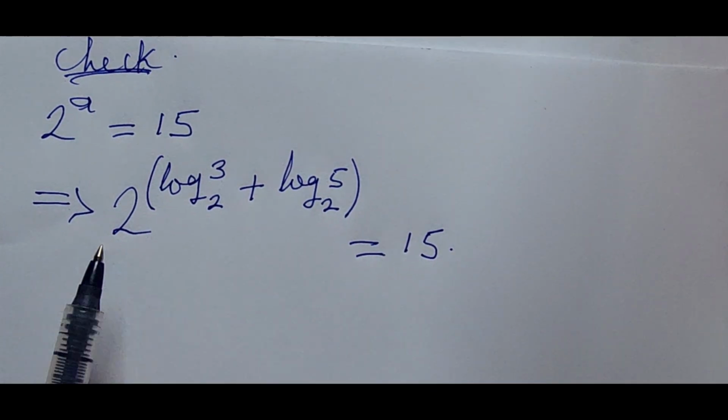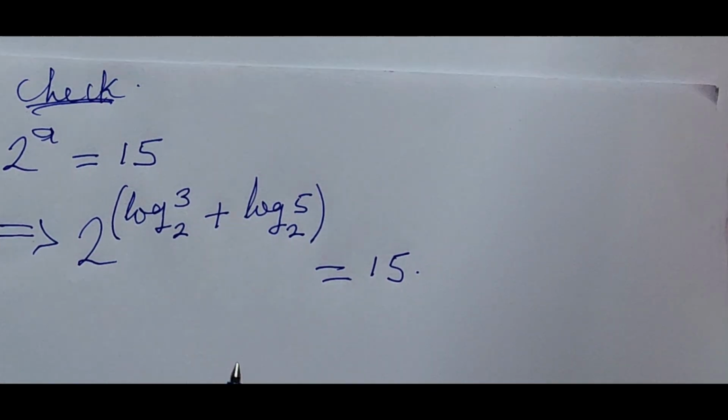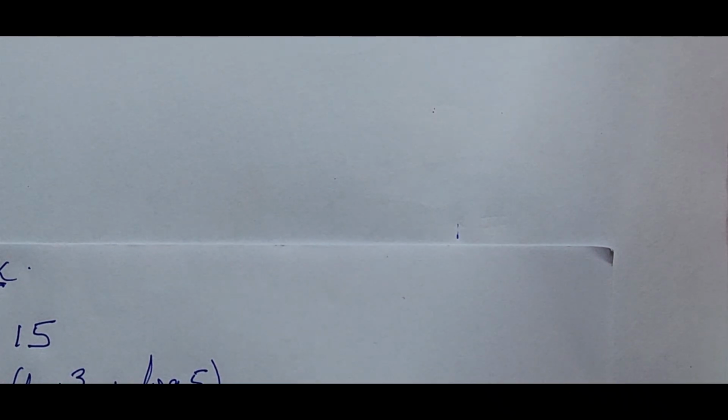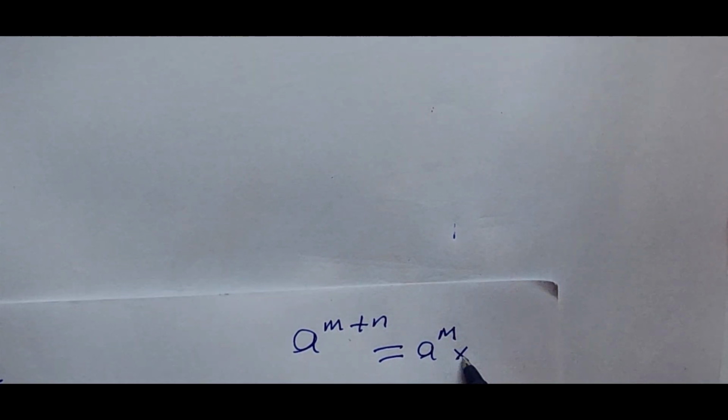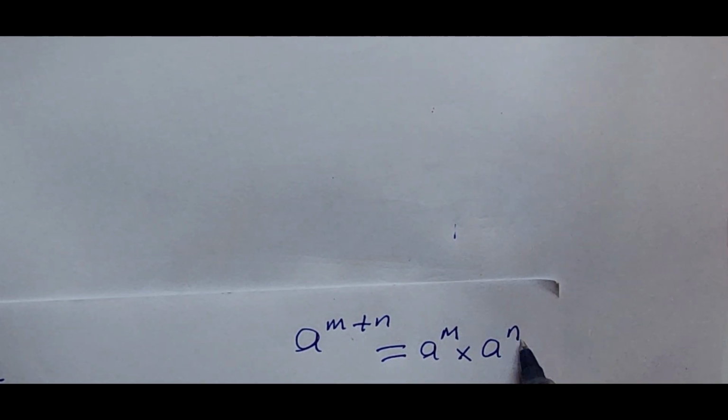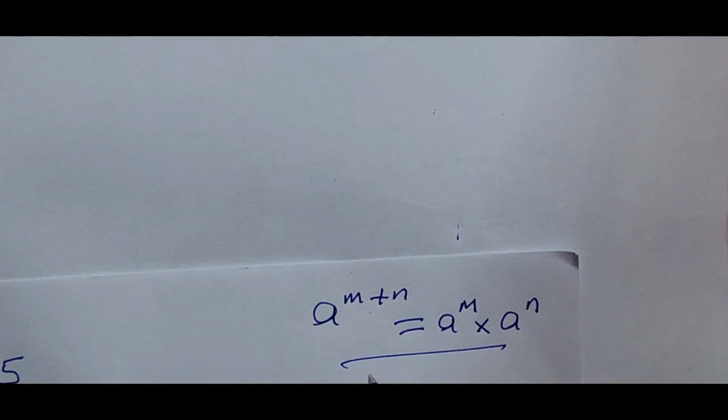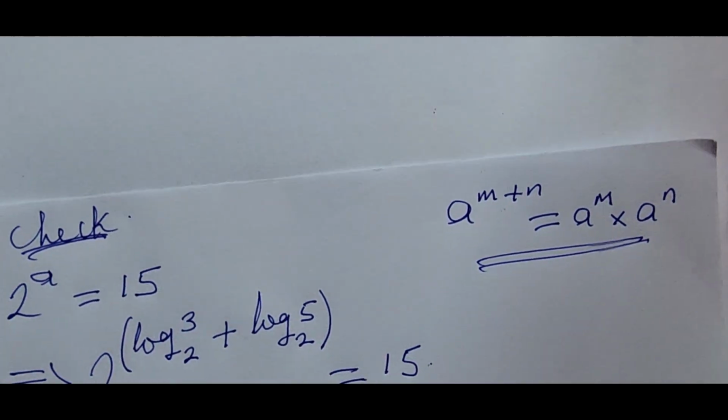Yeah, we want to rewrite this according to the law of indices, which says that when you have an expression of this kind, a to the power of m plus n, this is the same thing as a to the power of m times a to the power of n. Okay, so how do we rewrite this in this format?